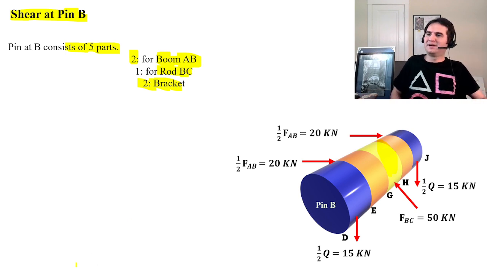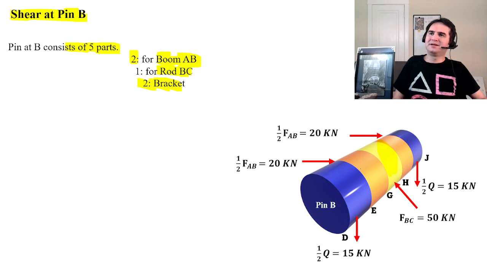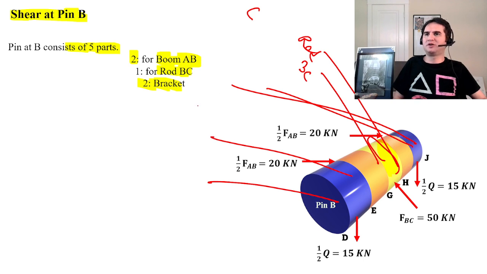So by that I mean, for example, the central section just connects the rod BC to the C. These are related to double shear of boom AB.